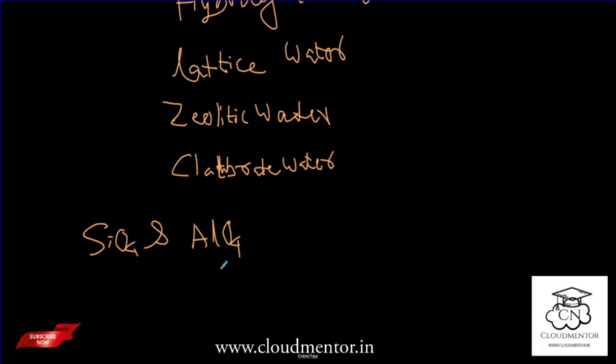The open structure permits the formation of channels and cavities in which water and other smaller molecules like ammonia, carbon dioxide, ethyl alcohol, etc., can be trapped. That is the specialty of the zeolites. Okay, there are lots of spaces.